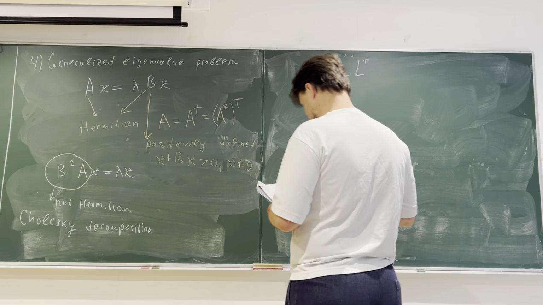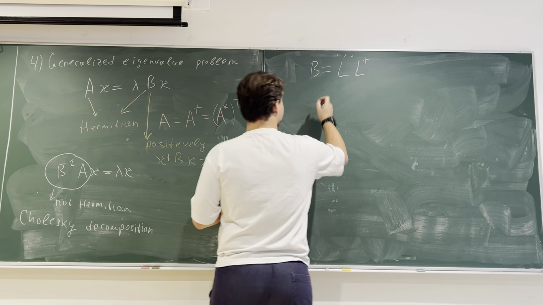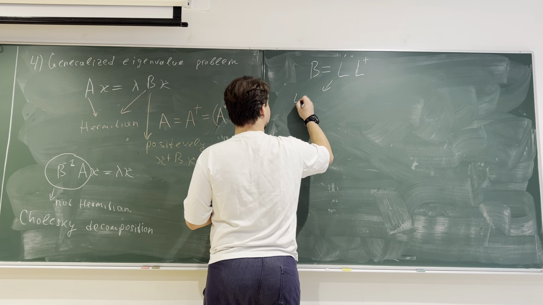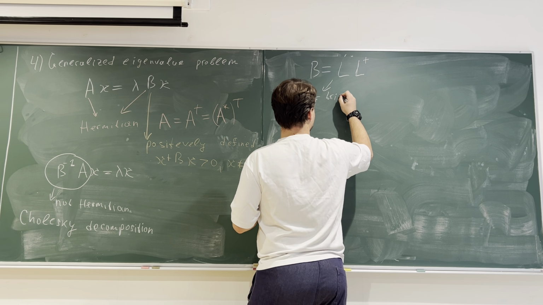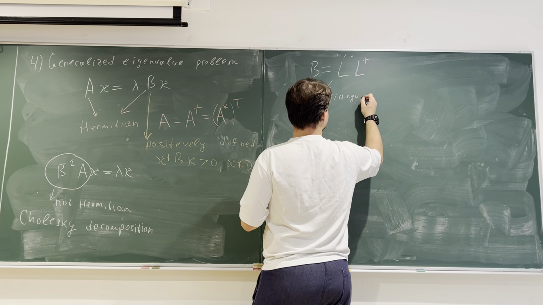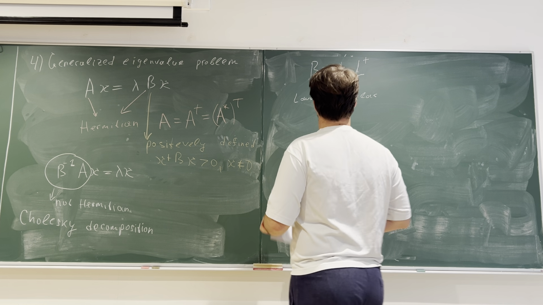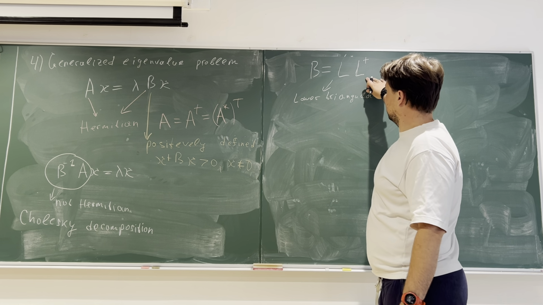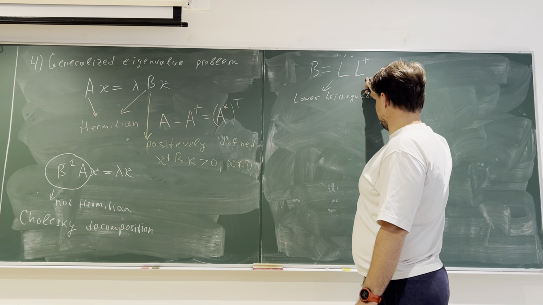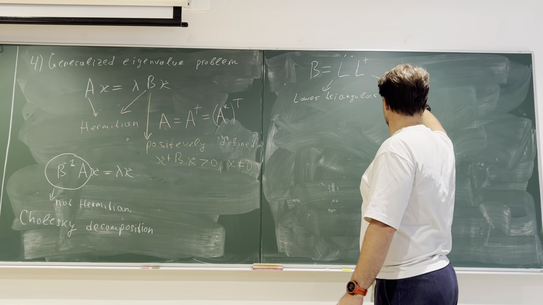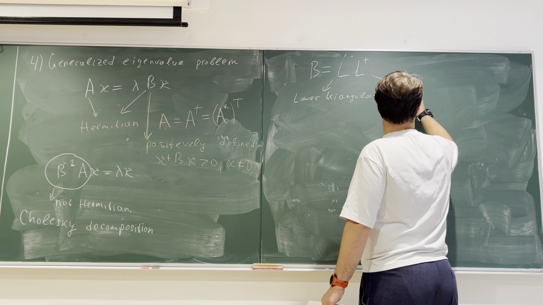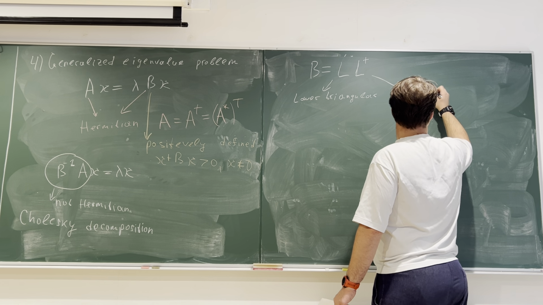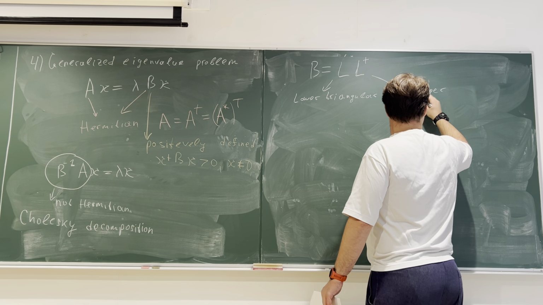One of them is lower triangular, and of course when we take the Hermitian conjugation we get an upper triangular matrix.